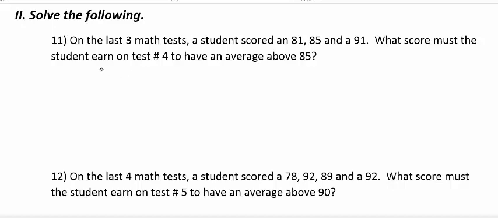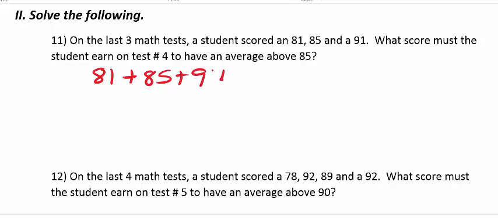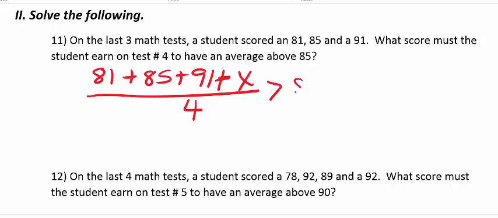Well, if you have the math scores of 81 plus 85 plus 91, and we add to it the 4th score, which we don't know yet, we'll call that 4th score X. If we were to add all those up and then divide by 4, that's how we'd find an average. So I'm going to take all of those and divide them by 4, and it has to be above an 85. So we'll write greater than 85.